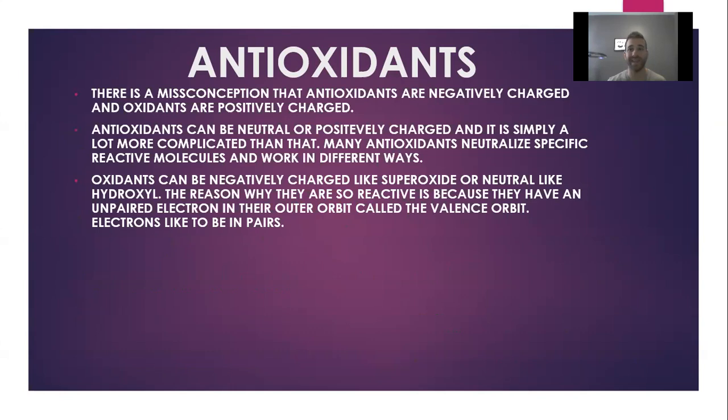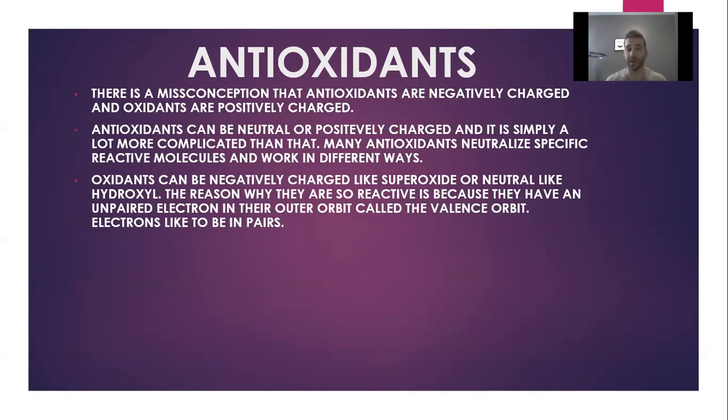Oxidants can be negatively charged, like superoxide, which we touched on earlier. That's the free radical that we produce when we metabolize oxygen, and it is a negatively charged oxygen molecule. Okay, so it has a negative charge, but it's a free radical. So that's an example just to show you why that's a misconception.